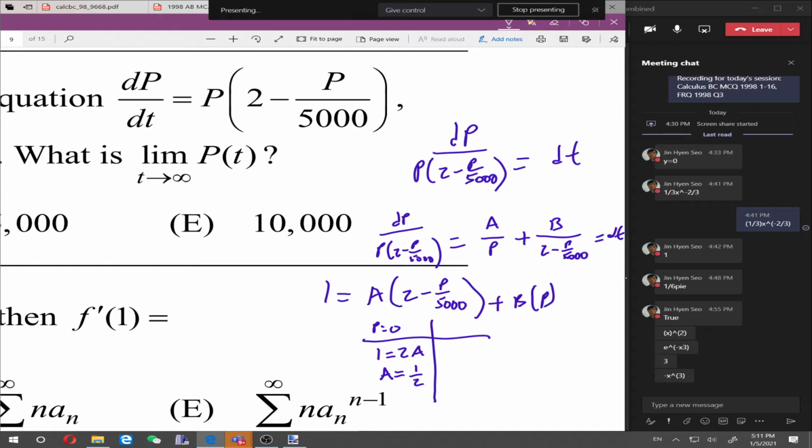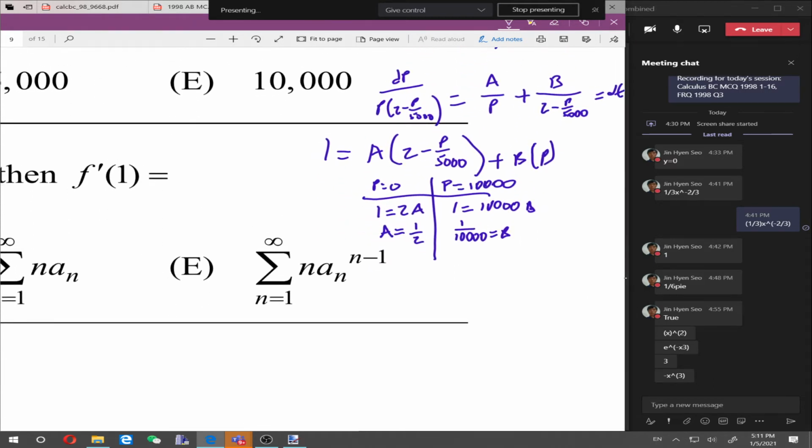Eric. 10,000. 10,000, perfect. If I pick 10,000, this will be 2 minus 2, gives us 0 for our a. So I have 1 is equal to 10,000 b. So therefore, 1 over 10,000 is equal to b.